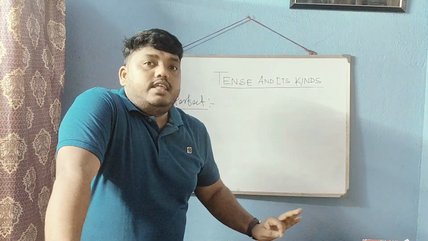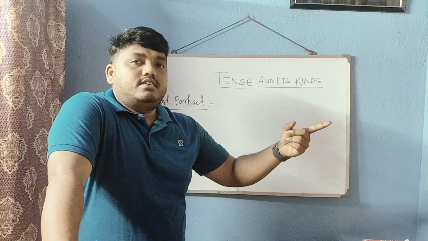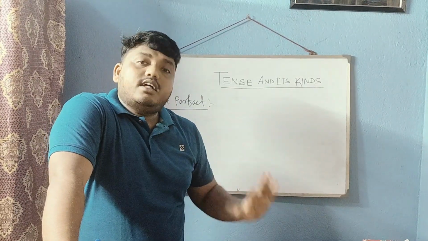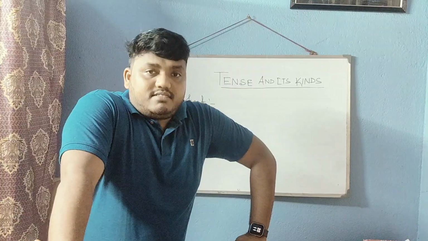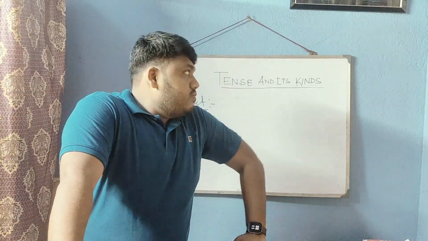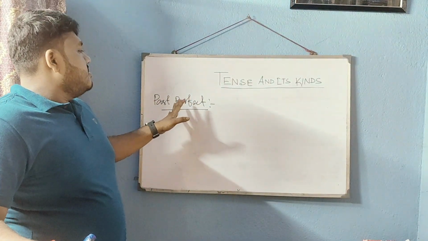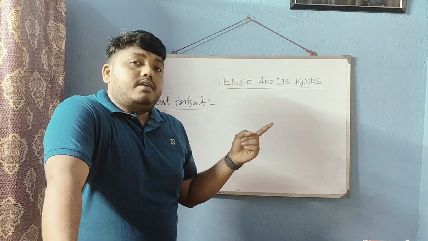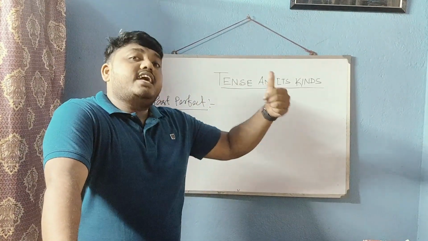An action that happened before an action started is used in the past perfect tense, and the other is used in the past simple tense. So, past perfect tense denotes an action in the past time that happened before an action started.